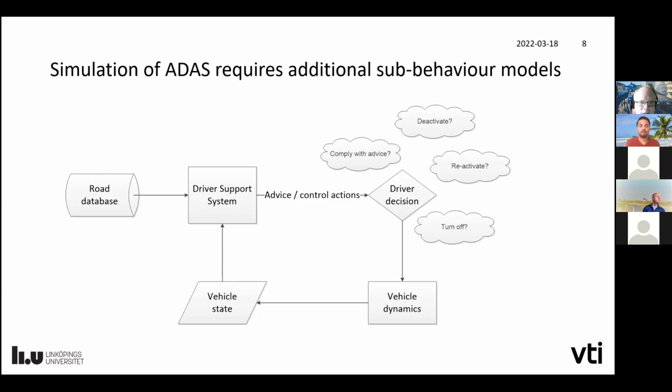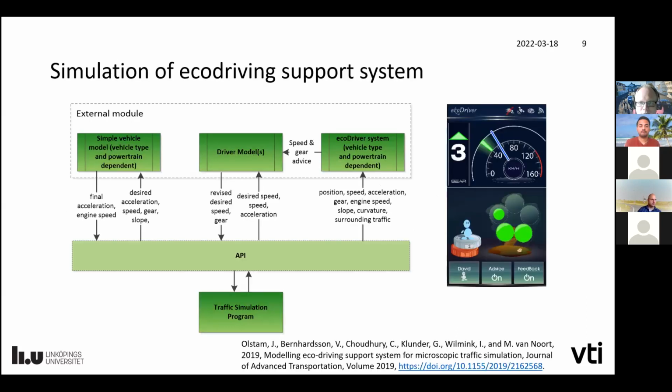One such example I took from the EU project ecodriving, where we worked together with some of the TNO colleagues like Jadine Klunde, Isabel Wilmek and Martin van Noot. There was development of different types of eco-driving systems giving guidance to drivers.